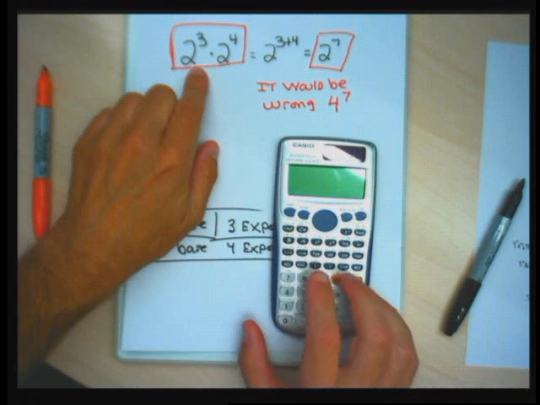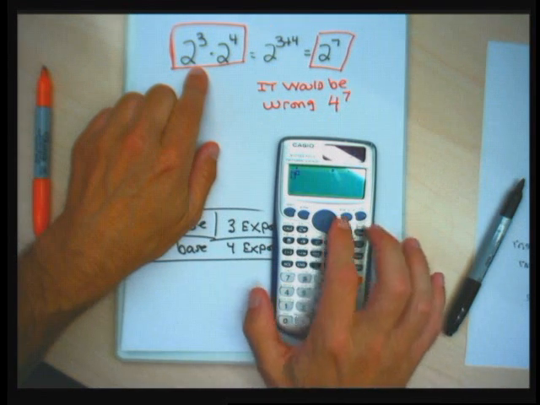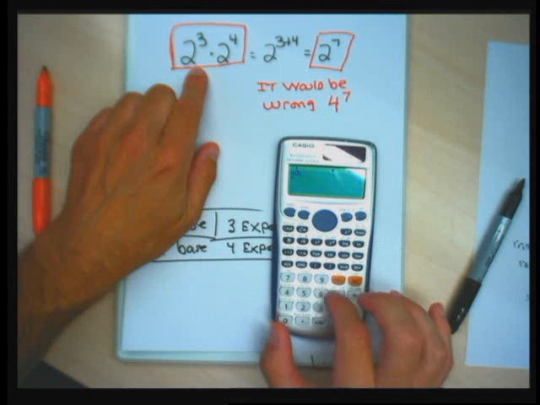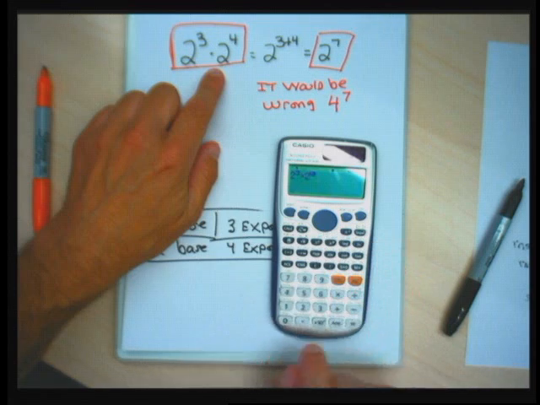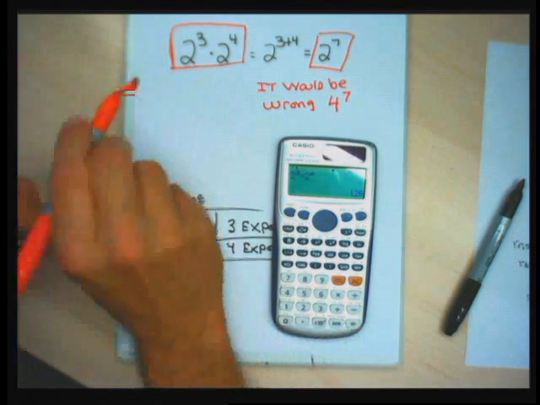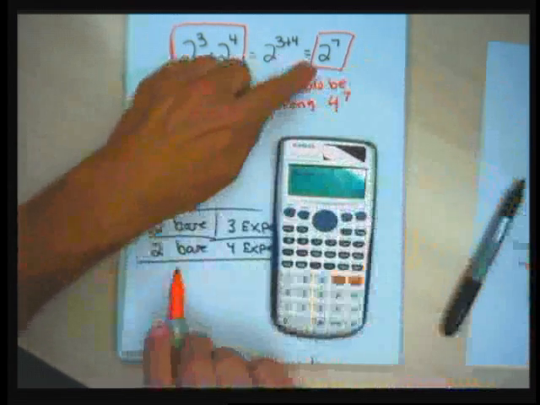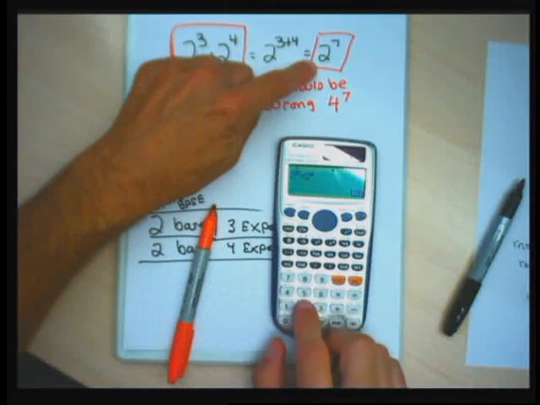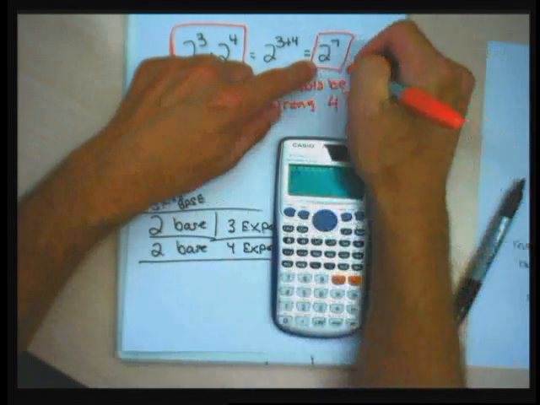The initial problem that I just completely made up, it's not in the handout, is 2 to the 3rd power times 2 to the 4th power. This is supposed to equal 128. If I look at what I say is the correct answer, 2 to the 7th power, it's also equal to 128.